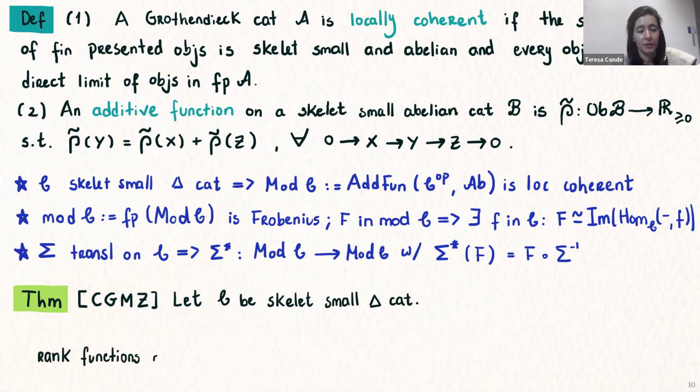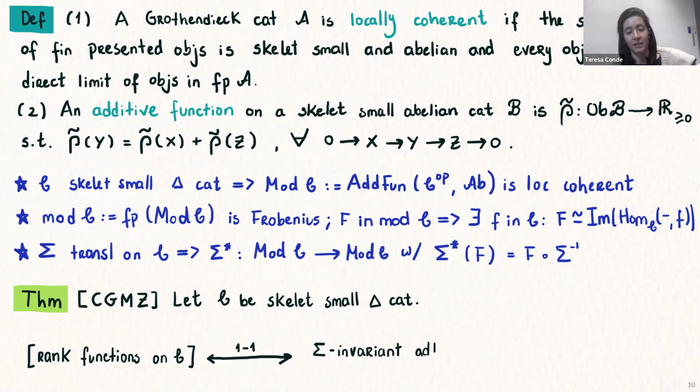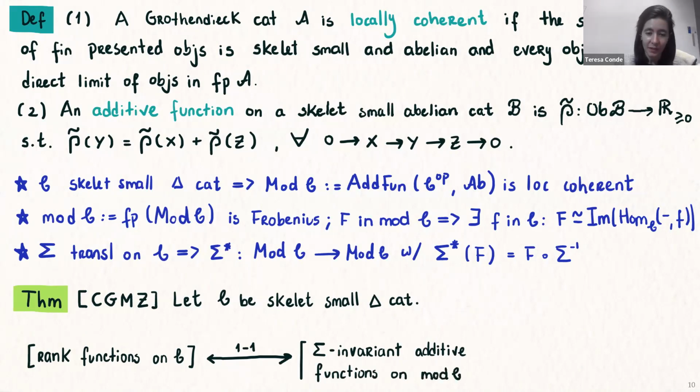Then we have proved that rank functions on C are in one-to-one correspondence with sigma-invariant additive functions on small mod C. I have not explained what a sigma-invariant additive function is, but this is simply the sigma invariance property as before, but now the translation functor sigma here is replaced by its induction to big mod C, i.e. it's replaced by sigma star.